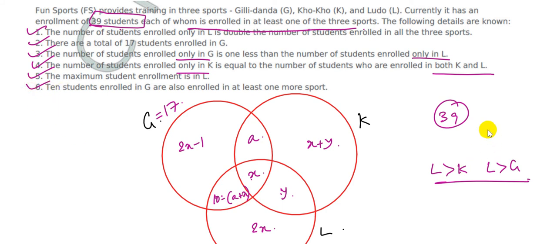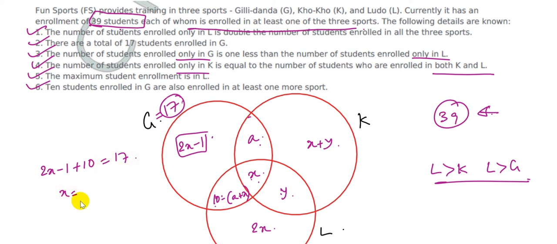Now there is one more clue that the total is 39, which I have not used yet. Okay, there are two things. The total out here, A plus X plus 10 minus A plus X is 10. So this is 10 here, and this is 17. So 17 is 2x minus 1 plus this 10. So 2x minus 1 plus 10 is 17.